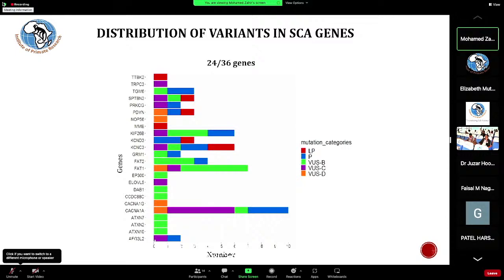Class C was found in the CACNA1A gene, which is again typical of spinocerebellar ataxia. And class D was a bit more sporadic, in the PDYN, NOP56, FAT1, and CACNA1G genes, which are also very important when detecting these splice mutations.